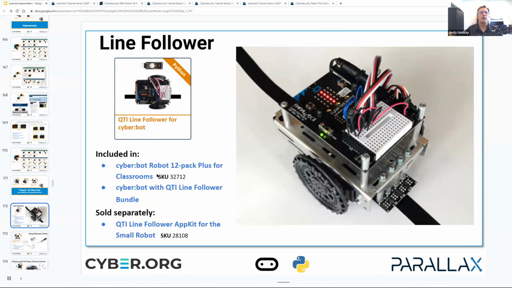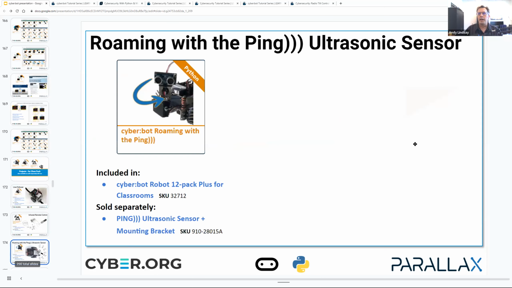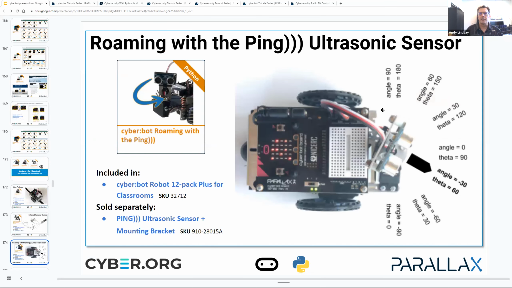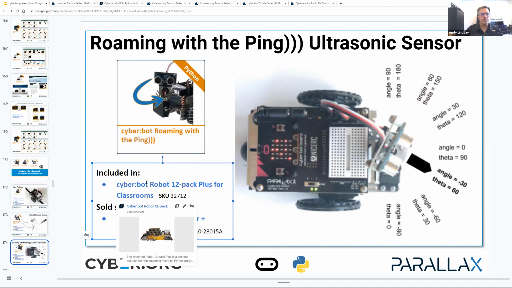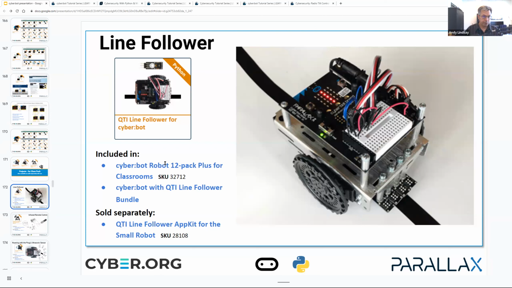And what I did is on each slide, I put links. So if you're interested in the 12 pack that has the line following hardware and the TV remote and a rotating ultrasonic sensor that you can mount on the front of your robot, each one of these is included in the Cyberbot 12 pack plus for classrooms. So you'll see that link on each of these slides.